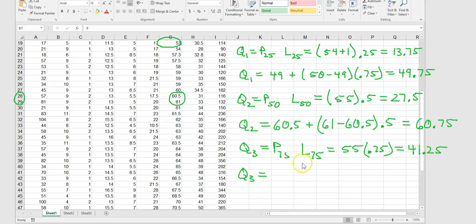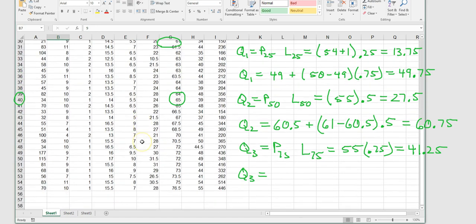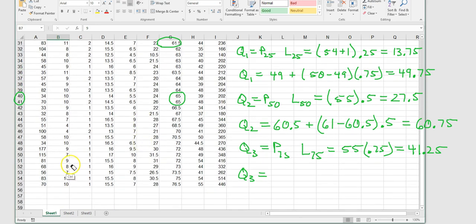So let's find those two scores. Those are going to be right here. Actually going to be the 42nd and 43rd row. And so if we go over here, we're going to be looking at these two values right here.